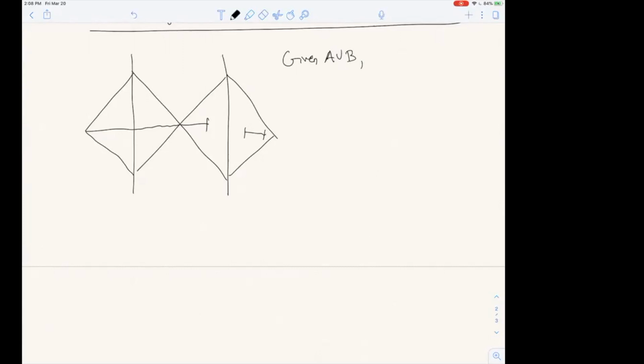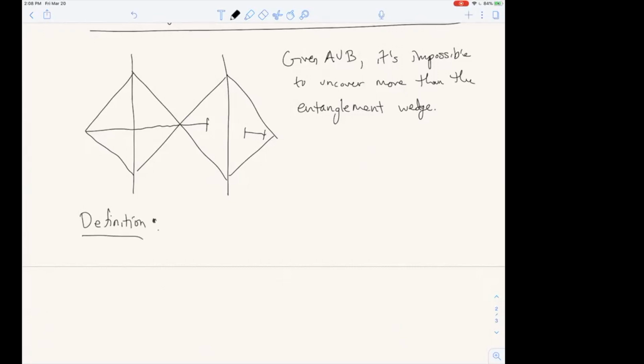Entanglement wedge reconstruction basically tells you that it's impossible to uncover or see more than the entanglement wedge. This follows from the fact, well, let me define something to convince you of this. For those of you that don't know this terminology, I'm just going to define this.